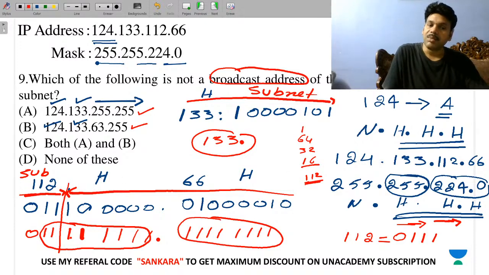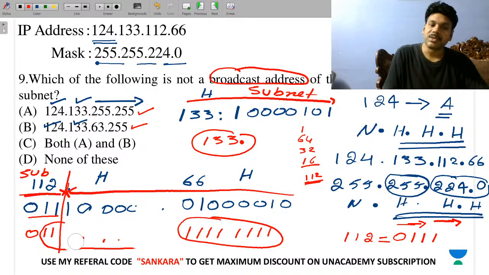So leave the 3-bit gap. This is the border of your NID, subnet ID and HID. I am following 3 hierarchy. So in that we are having 100, and here 011 means what? 3 bits. Only 5 bits we need. So let us take only 5 bits.